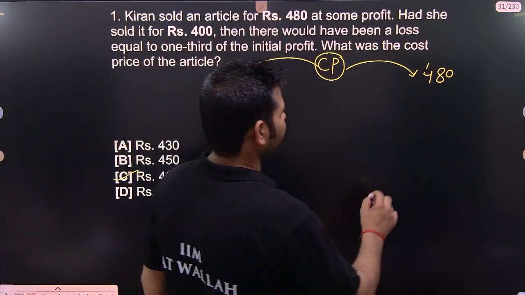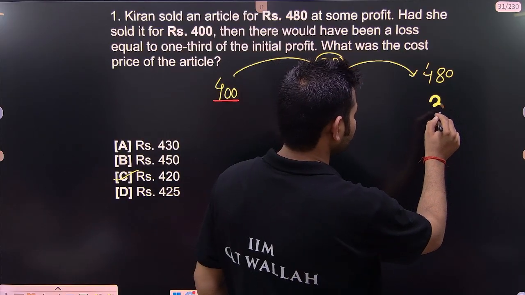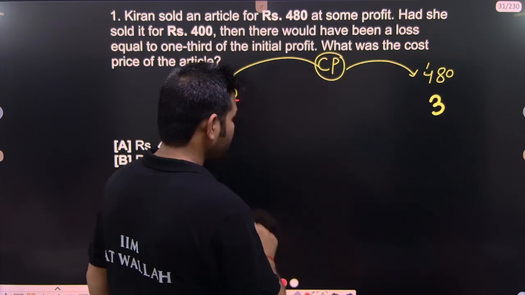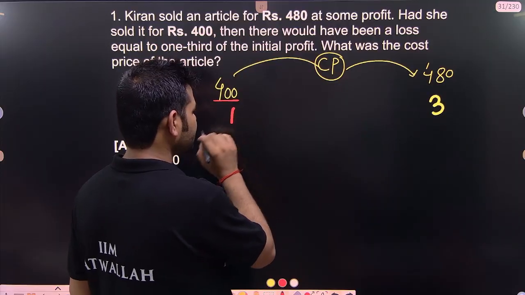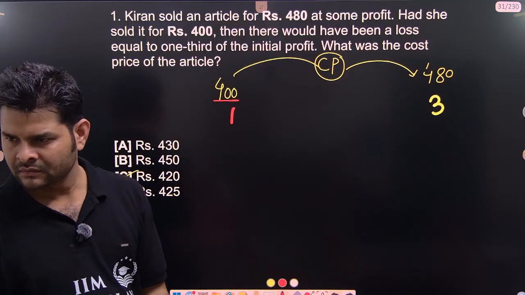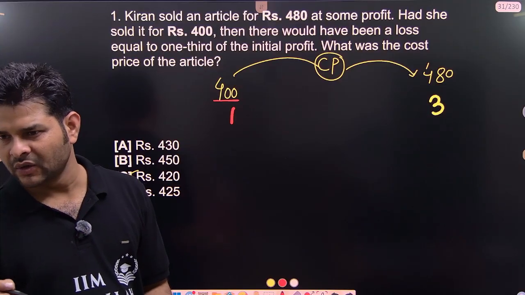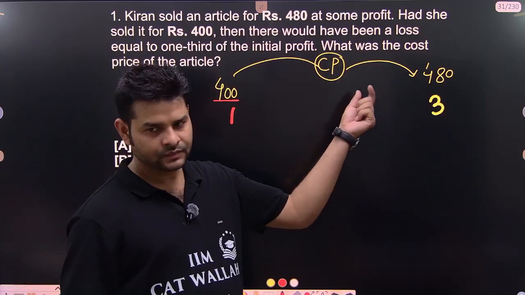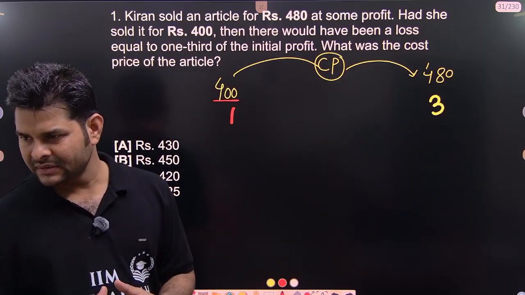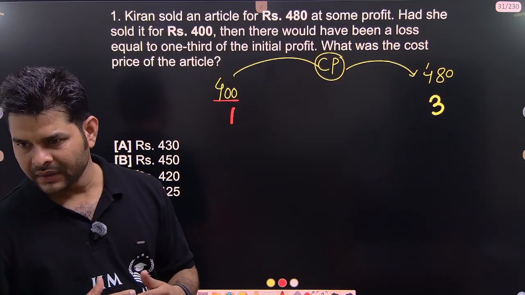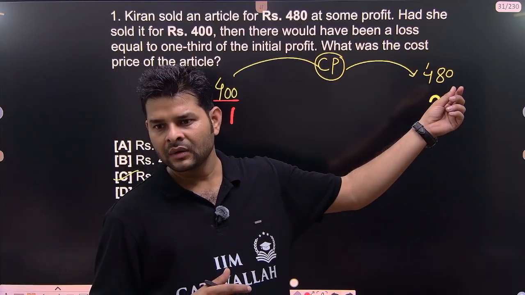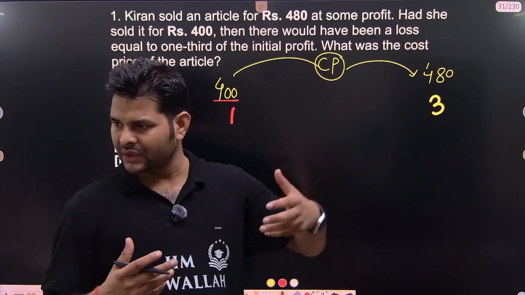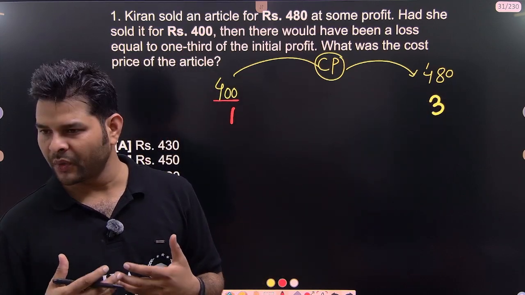Basically, we are given that if profit is 3, then loss must be 1. Loss is just 1/3 of profit. If Kiran sells her item at rupees 480, he gets 3 units of profit.